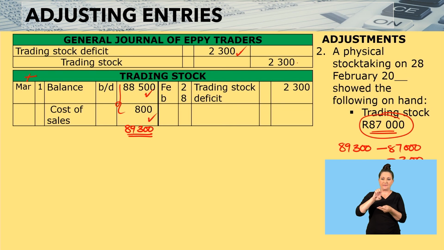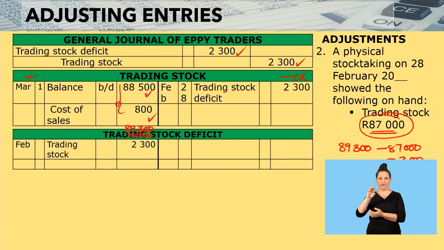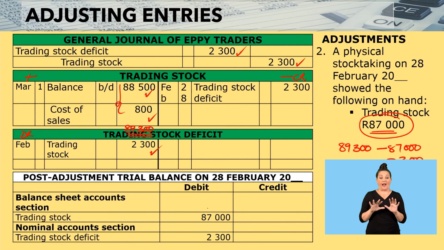And therefore, we credit our trading stock. Hence, we have credited our trading stock account with the trading stock deficit. To complete double entry, we come into our trading stock account and we debit it with trading stock 2,300.